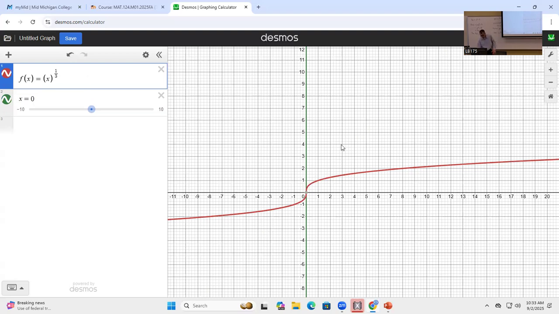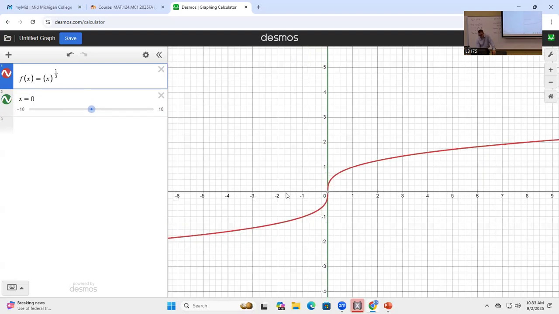There you go. Cube root is the same as x to the 1/3 power. This is not symmetric about the y-axis because, right, no matching pairs. But it is symmetric through the origin.